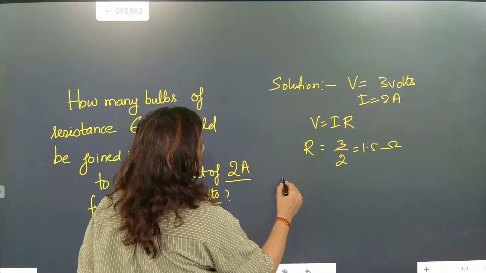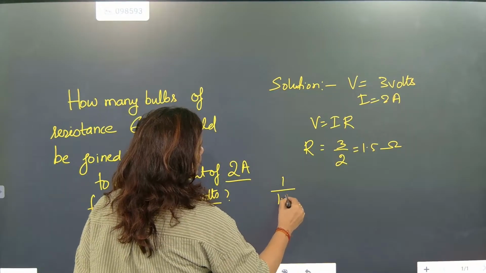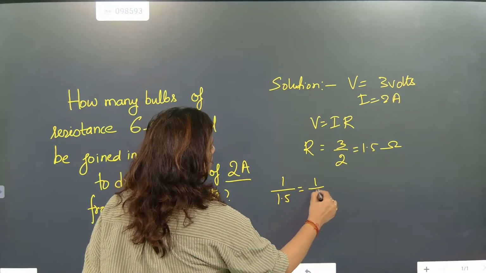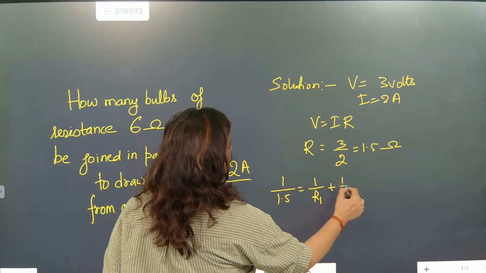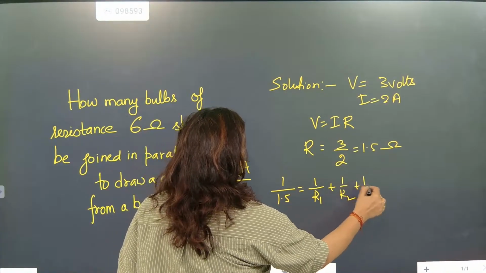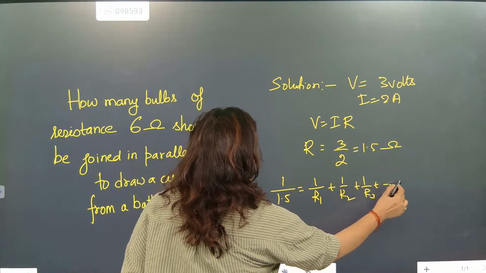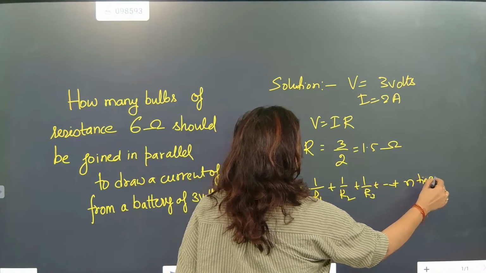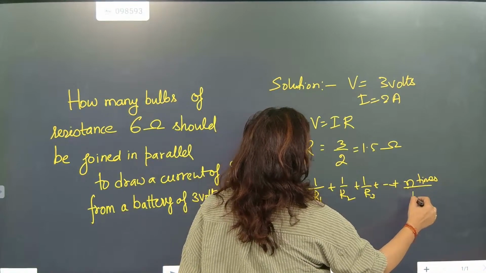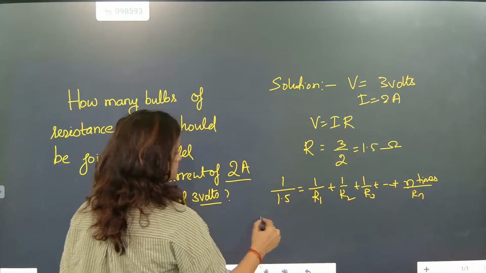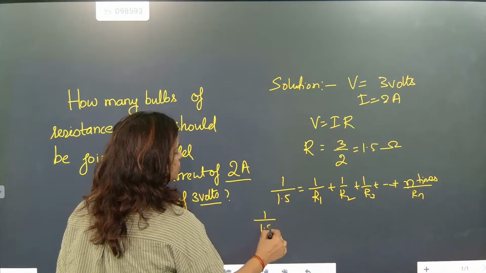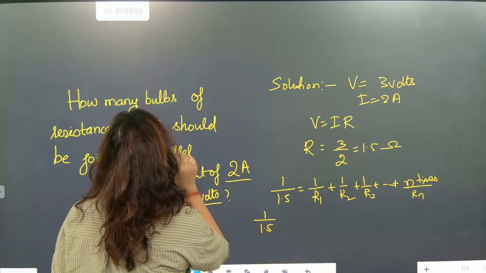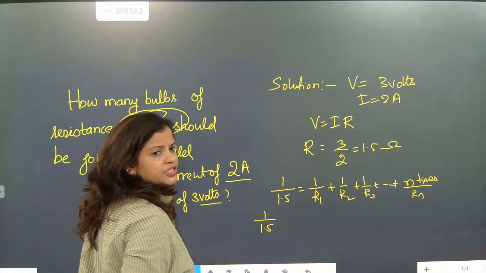Now, how much is it exactly? 1 by equivalent resistance is equal to 1 by R1 plus 1 by R2 plus 1 by R3, like this up to n times, 1 by Rn. And each bulb is having resistance of 6 ohm.